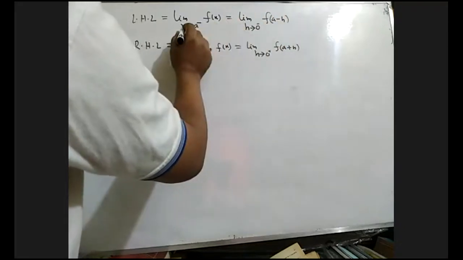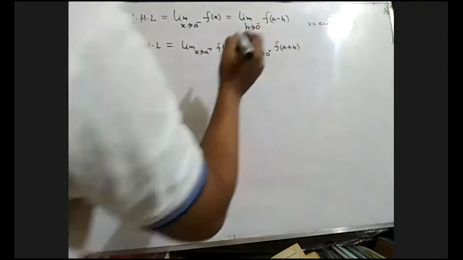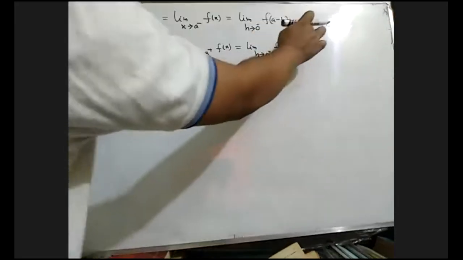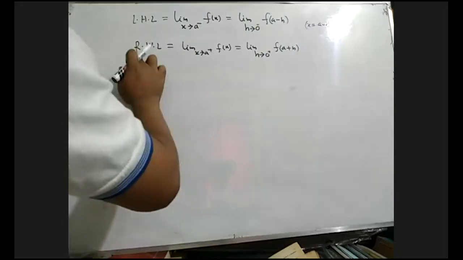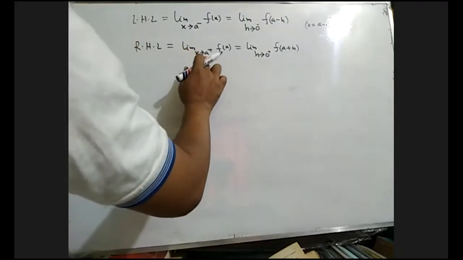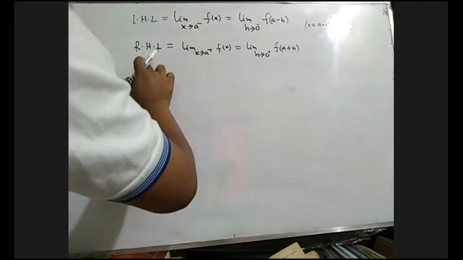Here x equals a minus h. If we put x equals a minus h, we get h tends to 0. For the right hand limit, x tends to a plus. This plus is only to denote the right hand limit.